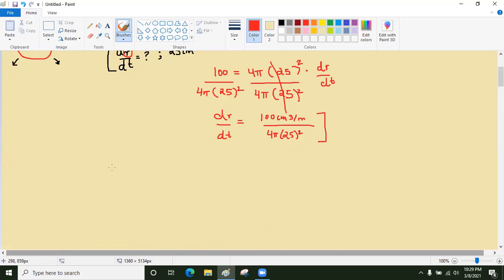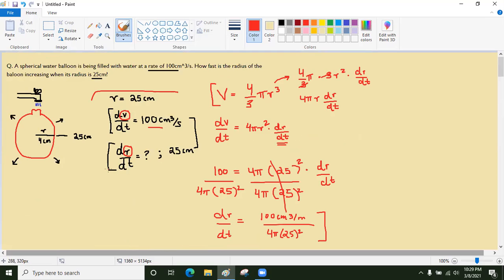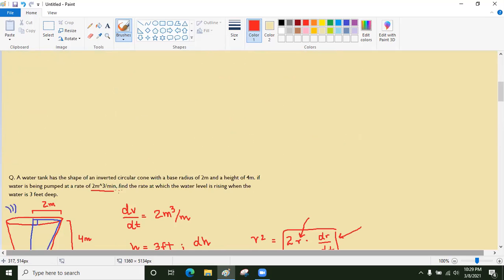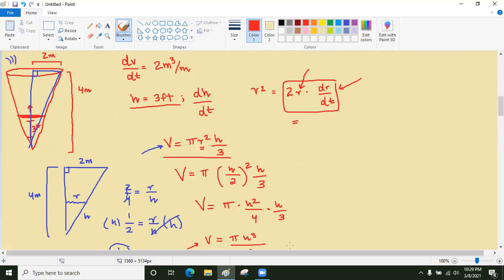And previously we clearly understood that we're filling a balloon, and there is a formula for the volume of a balloon, or rather the volume of a sphere. And then of course we imposed the same process. So this is related rates, and hopefully that was helpful to some degree.